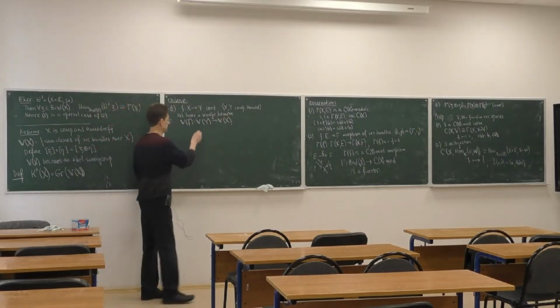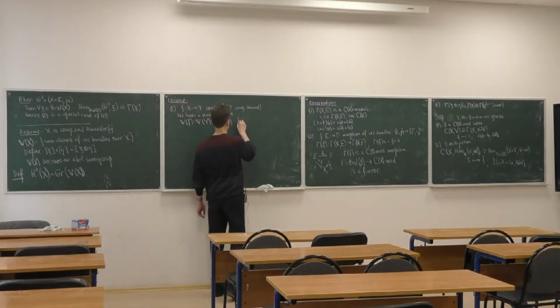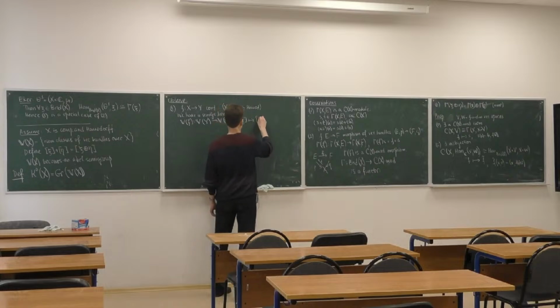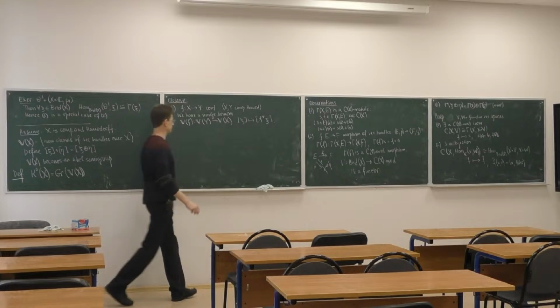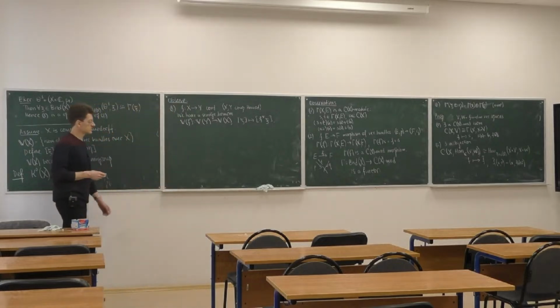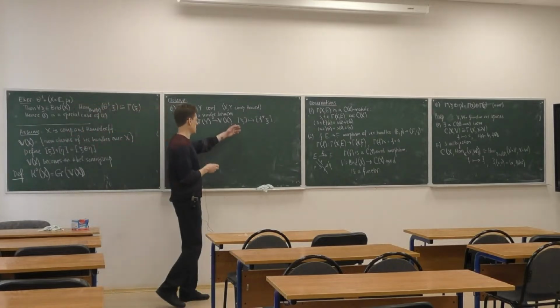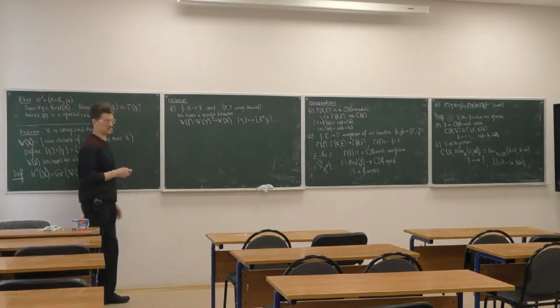It takes the isomorphism class of a vector bundle psi over Y to the isomorphism class of its pullback along f. So this is a well-defined map, and it is easily seen to be a semigroup homomorphism.